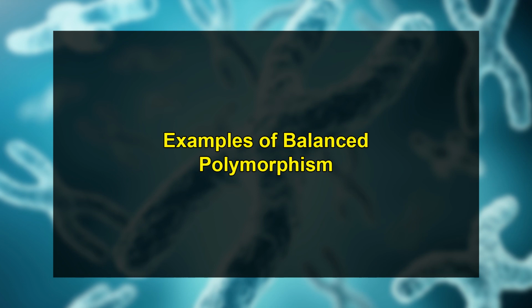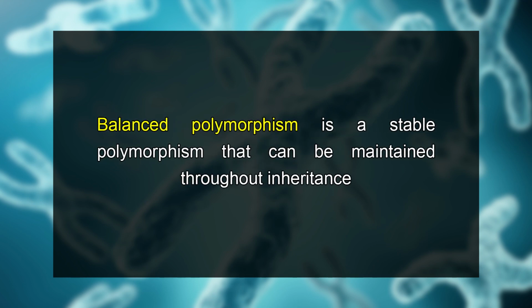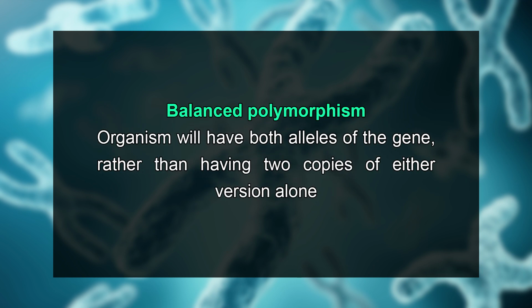Dear students, let's now discuss the examples of balanced polymorphism. Balanced polymorphism is a stable polymorphism that can be maintained throughout inheritance. In this polymorphism, the organism will have both the alleles of the gene rather than having two copies of either version alone.